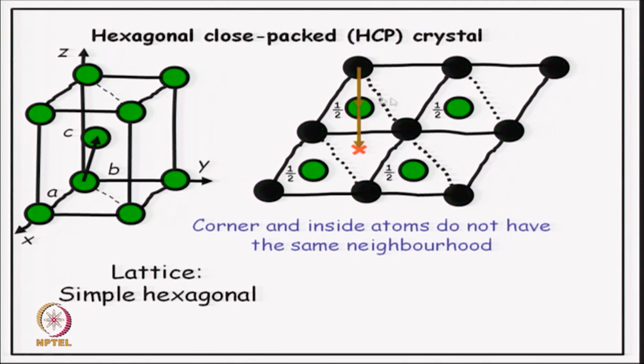If I decide to place atoms only at the lattice point, I will miss out these internal atoms. Thus, just placing one atom at each lattice point will not give me the crystal structure. That is why we say that the structure cannot be built up by a motif of one atom, a 2 atom motif is required.